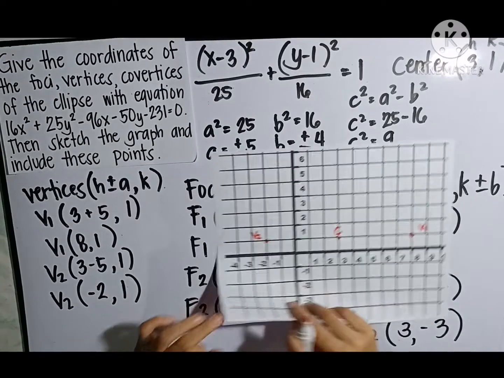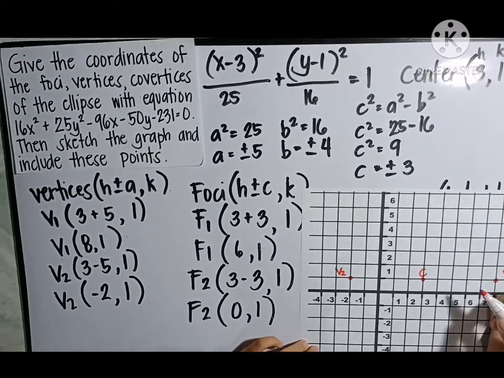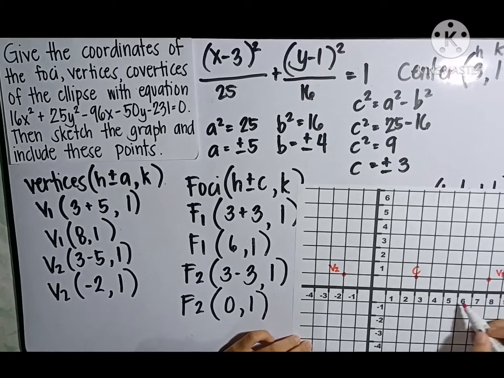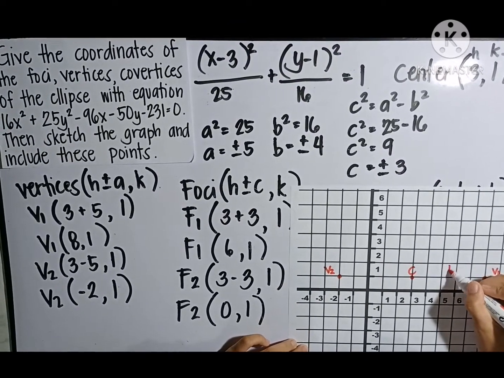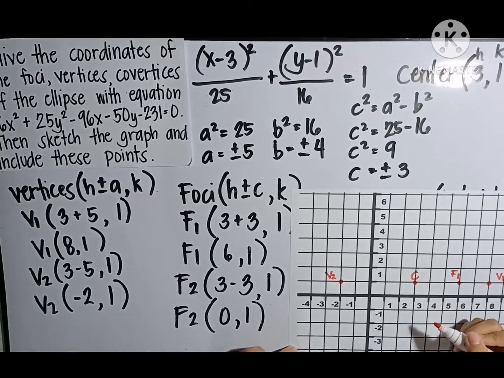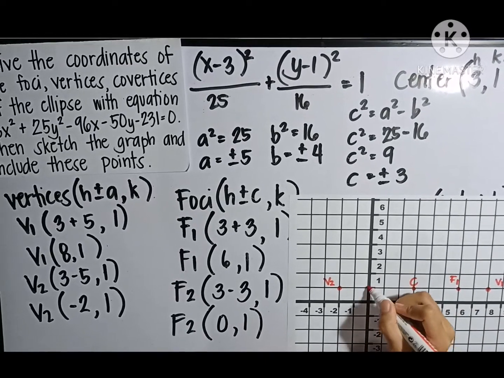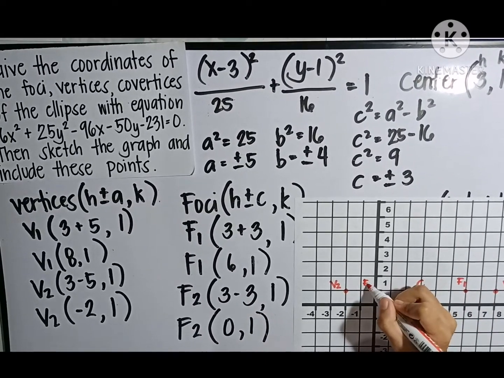Now, for our foci, the first focus is at 6, 1. This will be the first focus, and the second is at 0, 1. This is the second focus.